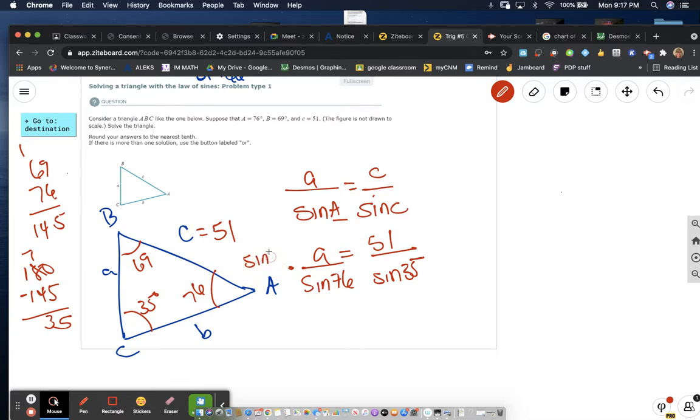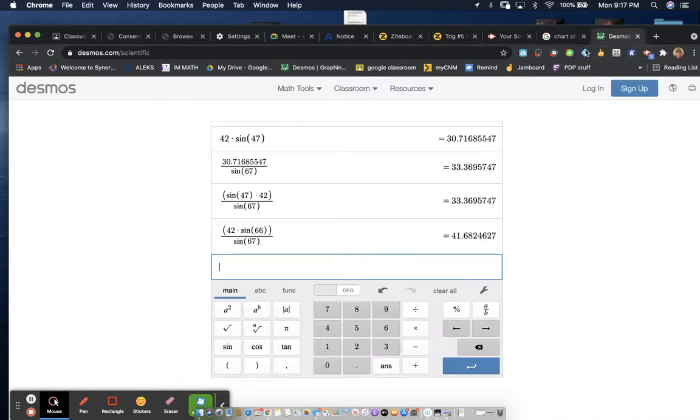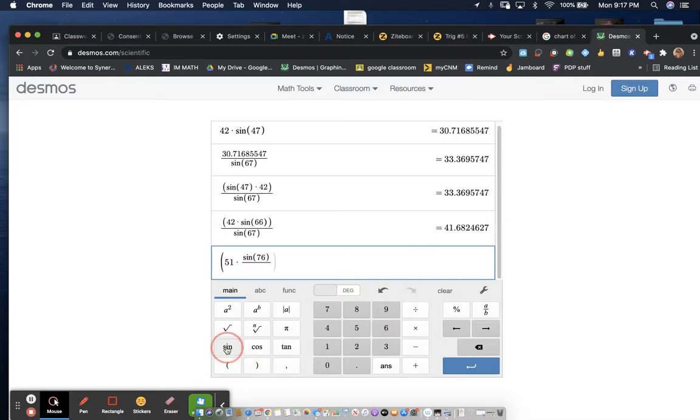So I multiply both sides by the sine of 76. Cancels here. And then that's what you plug in the calculator: 51 times sine 76 divided by sine 35. Let's do this. 51 times sine 76 divided by sine 35.